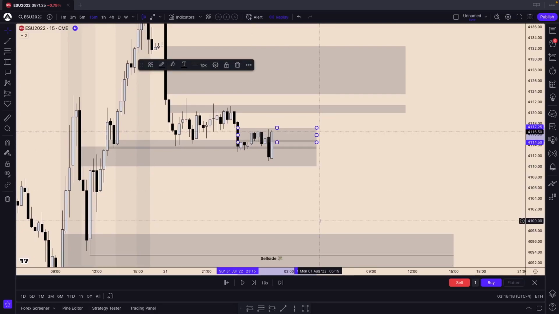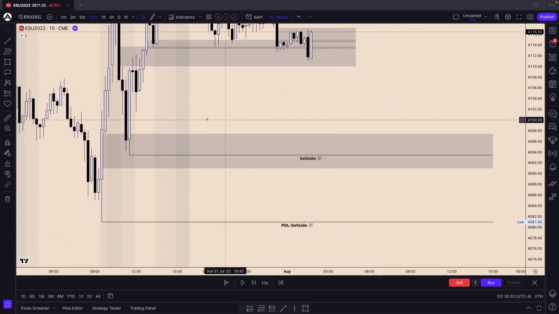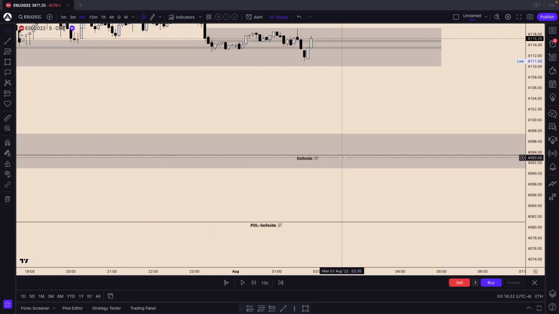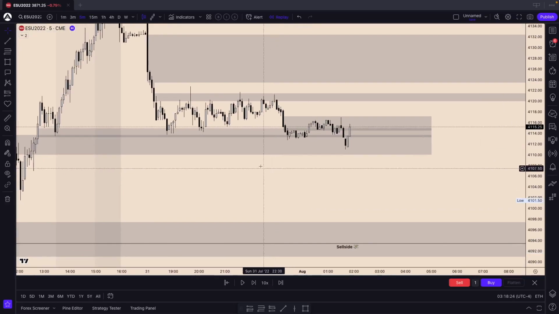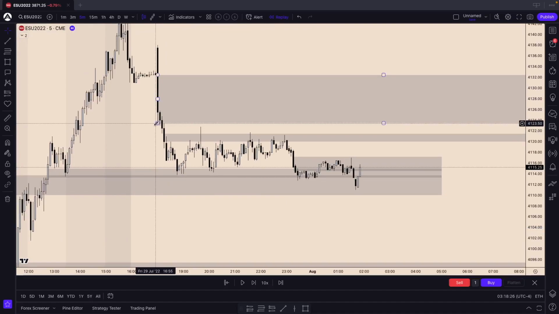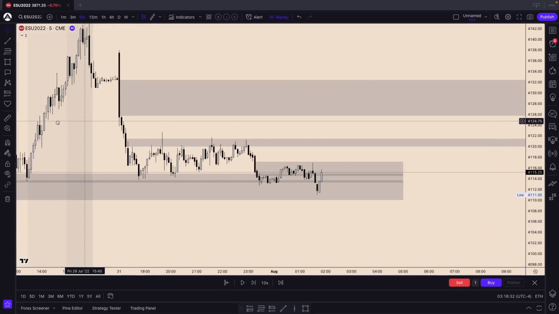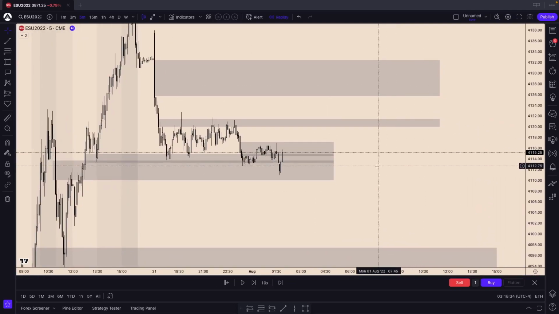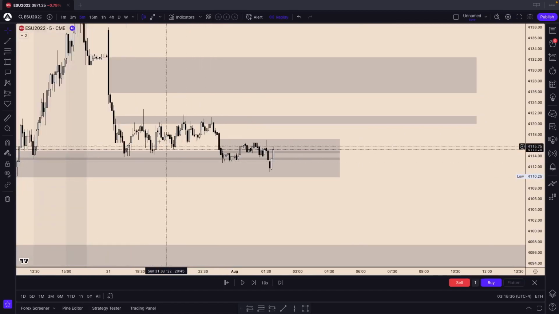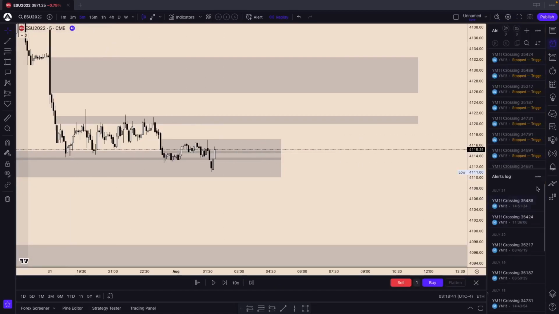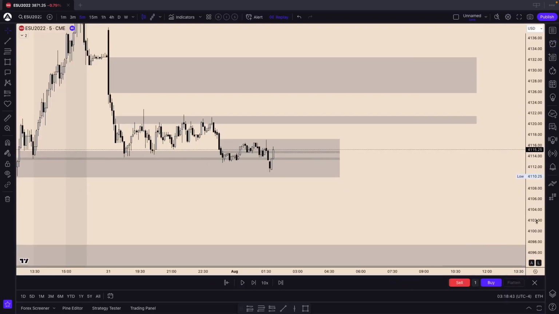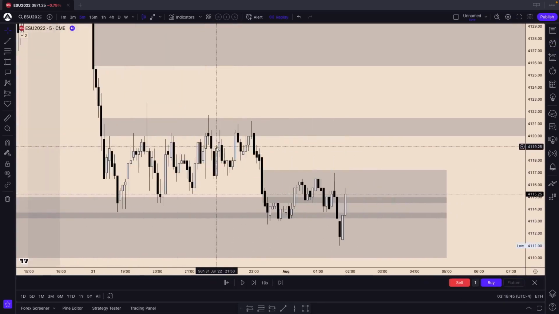Alright, 15-minute time frames. I think we covered most of it. So we go back to the 5, because that's where we're going to take our entries from. Let's refine our 15-minute fair value gaps. Alright, so about here, we can't really refine it much because the price has been delivered pretty efficiently inside here.